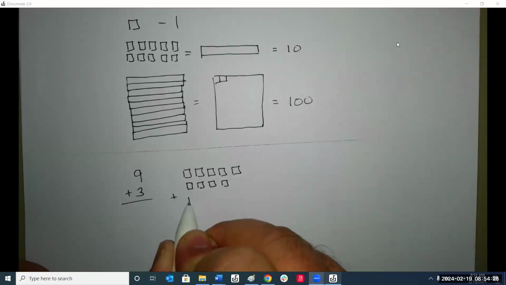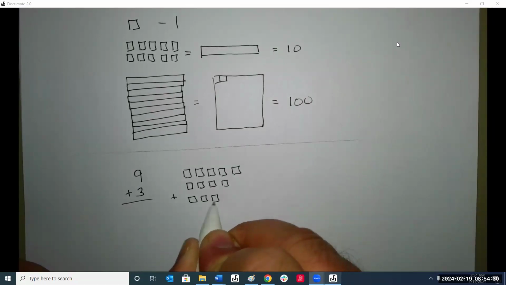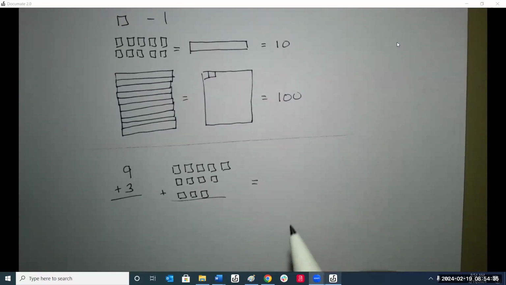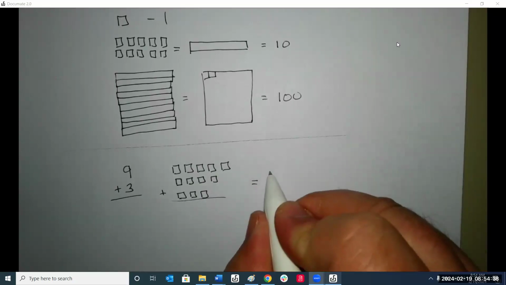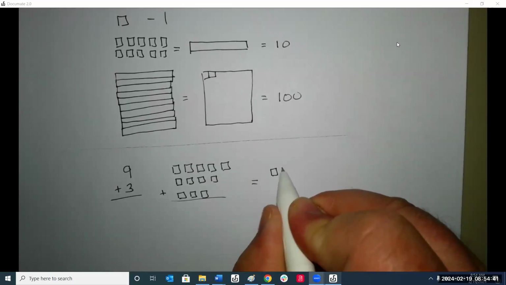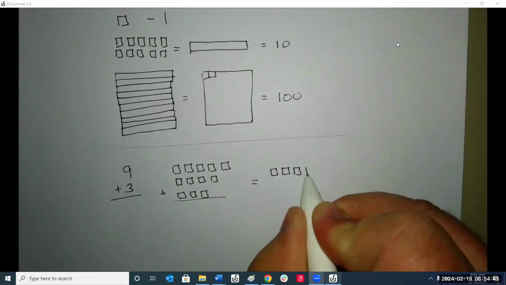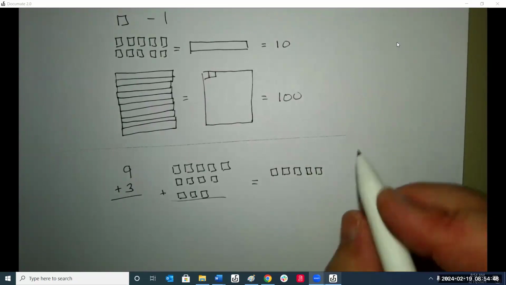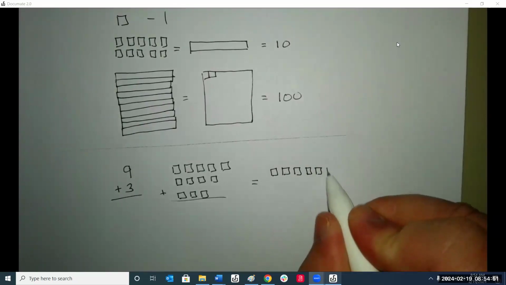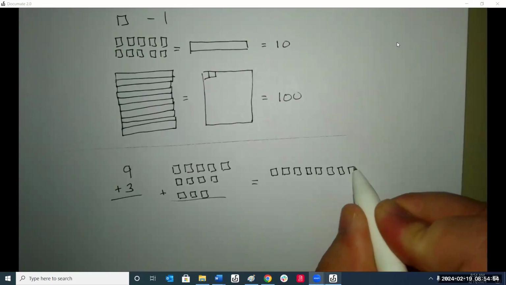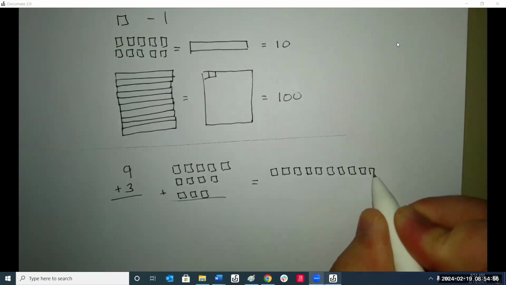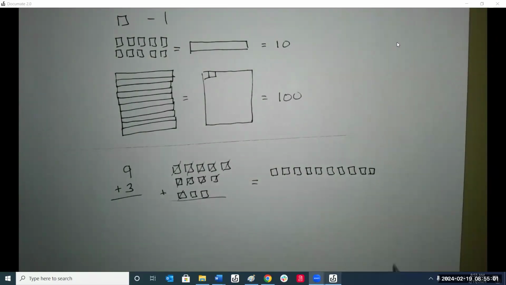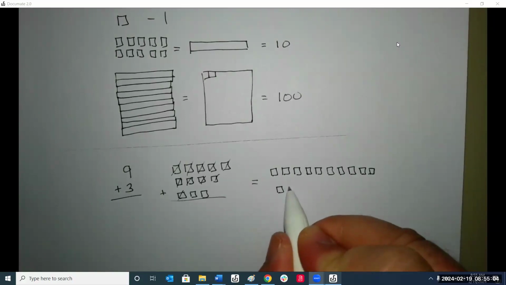Then we add 3 more blocks to it. We put them together. So we put them in groups of 5 now, or you can put them in groups of 10. 1, 2, 3, 4, 5, 6, 7, 8, 9, 10. And then you have 2 more left over.